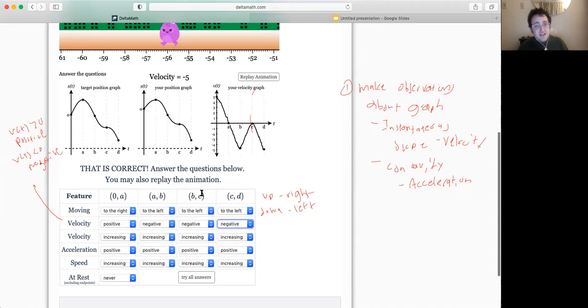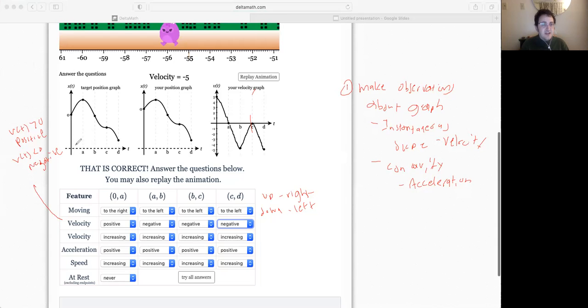Then it's asking us whether velocity is increasing or decreasing. This is actually going to help us with our acceleration. There's really 2 ways that you could look at this. One is this notion of concavity. Anything that's concave down would be decreasing, and anything that's concave up would be increasing.